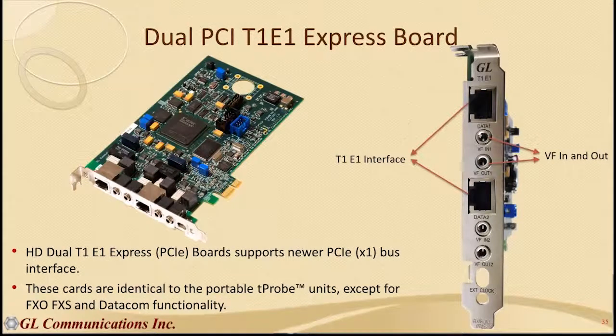Okay, so this is the next platform, and this platform is for the PC. PCs are available in what's called the bus, and the PC bus has undergone a series of evolutions.